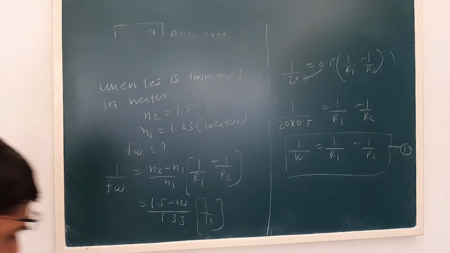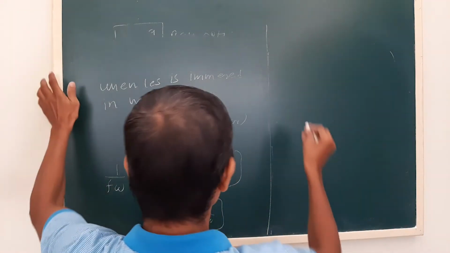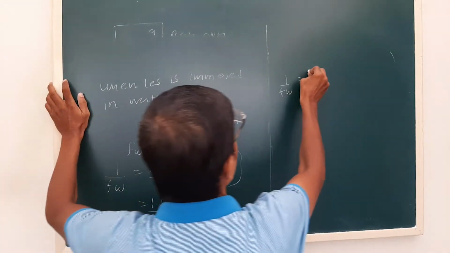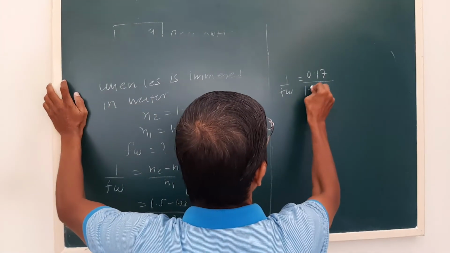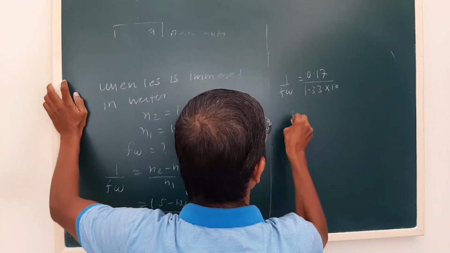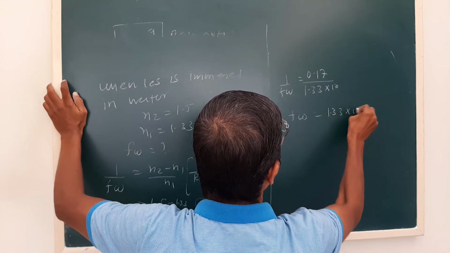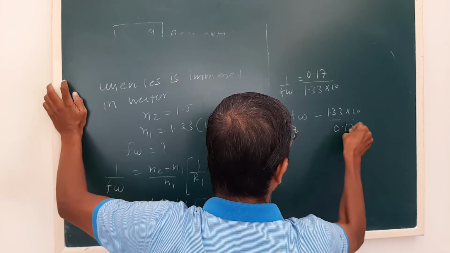Okay, now see, if we simplify, this will be 0.17. See, 1.33 into 10. FW will be, okay.